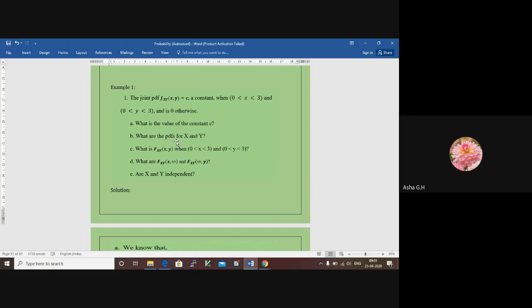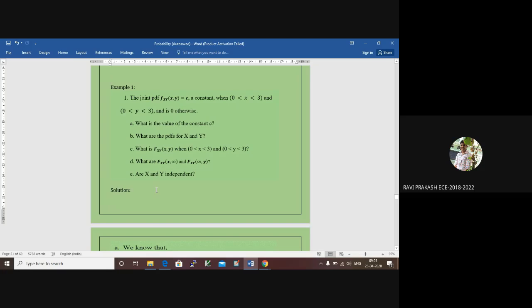And what is fxy of x comma y when x is between 0 to 3? You have to find out the cumulative function here, Fxy of x comma y, where x is between minus infinity and x, and y is between minus infinity and y. Okay. And are x and y independent? This is again a set of standard questions.